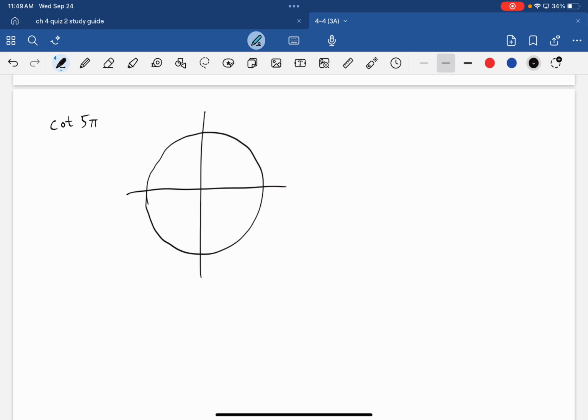Well, 5 pi is the same angle as pi, because I can subtract a multiple of 2 pi, in this case 4 pi, and I'll get pi. So that places me at this point right here, and the coordinates are -1, 0. Well, cotangent is just 1 over tangent, so that's cosine over sine. So that's cosine pi over sine pi, which is -1 over 0, which is undefined.